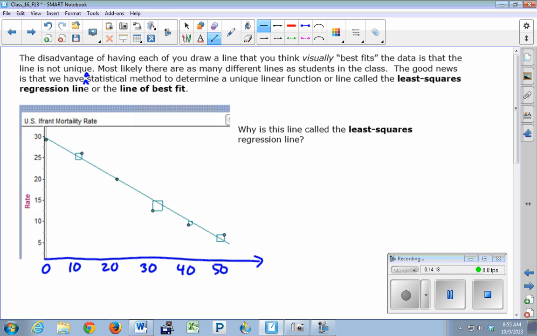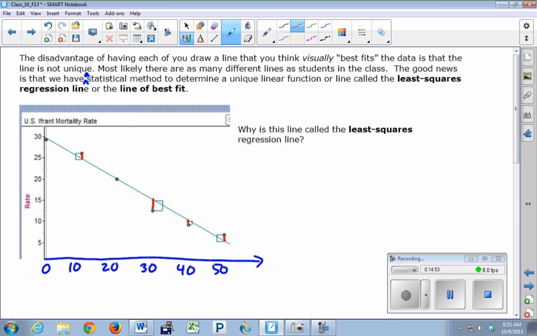So if you imagine that I literally draw a vertical distance from the piece of data right down to the line. If it's below the line, I draw a vertical line up to the line, and when it's above the line, I draw a vertical line down to the line. That distance represents how far each data point is from the line. Okay? So we want to minimize that. We want to make that distance as small as possible.